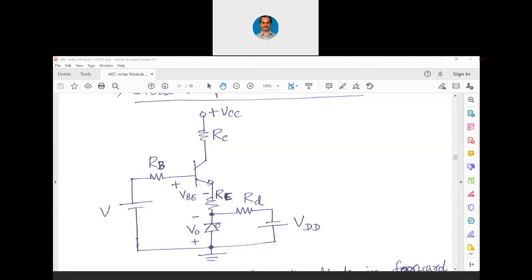Now you may think that this diode may not conduct because it is connected in the reverse direction, but you can look at the power supply given to the diode. VDD is given to the diode along with one series resistance RD. VDD is purposefully given such that the diode remains forward biased. That means when the circuit is working, even the diode is working because the diode is working in forward bias condition.